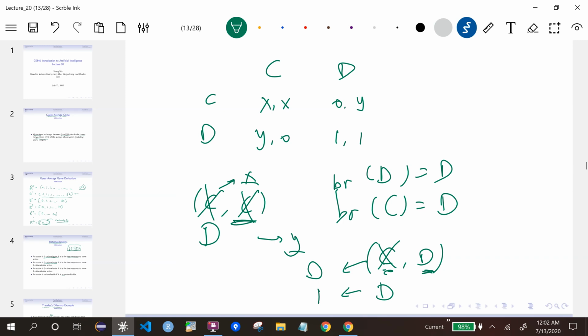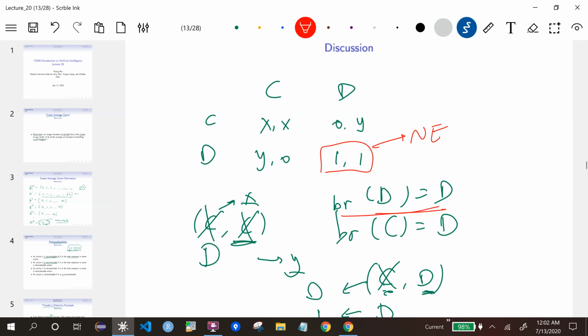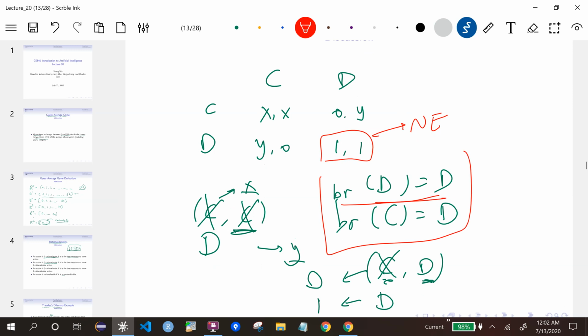For the same reason, D and C is not a best response pair. So the only one that's possible is D and D. And indeed, we know that the best response to D is D. So we know that this one is the Nash equilibrium. Actually, given this relation, you can see that no matter what the other player is doing, D is always the best response.